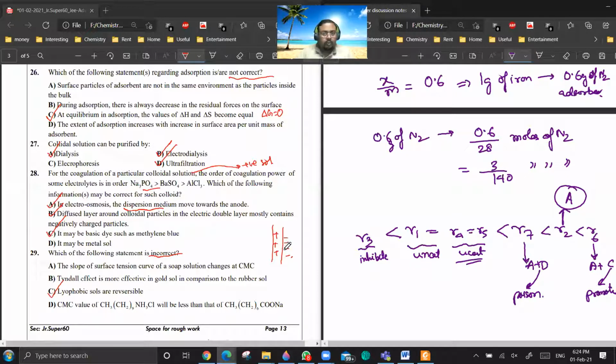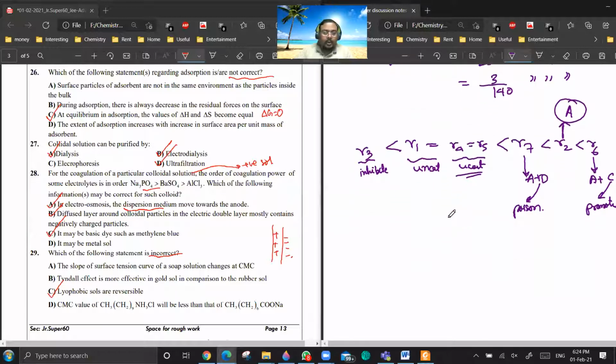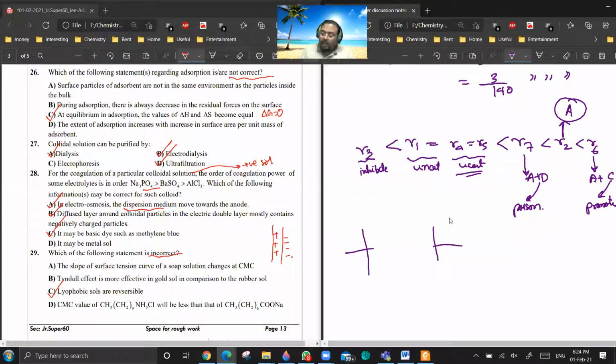Sir, 27C. See, in dialysis and electrodialysis, what happens? Basically, the crystalloids get out of the colloidal solution, and you are left with pure colloidal particles. In the case of electrophoresis, the colloidal particles move in the direction of their opposite charge. Suppose the colloidal particles are positively charged, they will move towards the cathode.